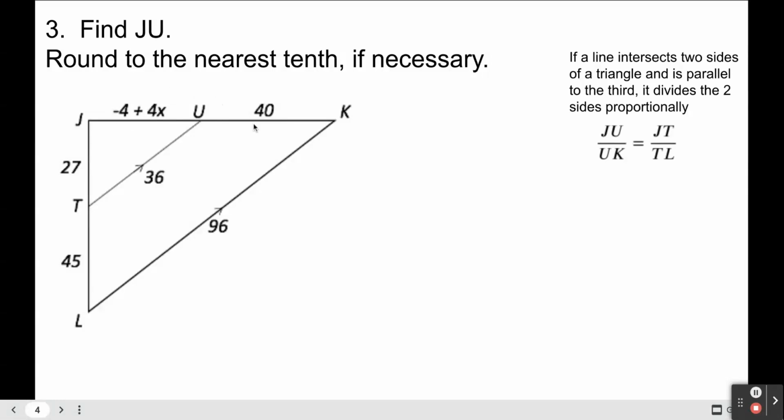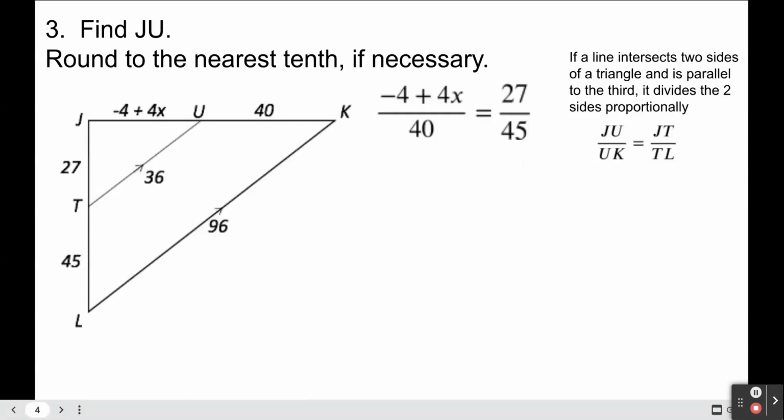JU goes with the UK, and 27, the JT, will go with 45, the TL. So we can set up our ratio. But notice for JU, it is represented by -4 plus 4x. So we will just use that for that piece of the side. We'll set that up with the 27 over 45.